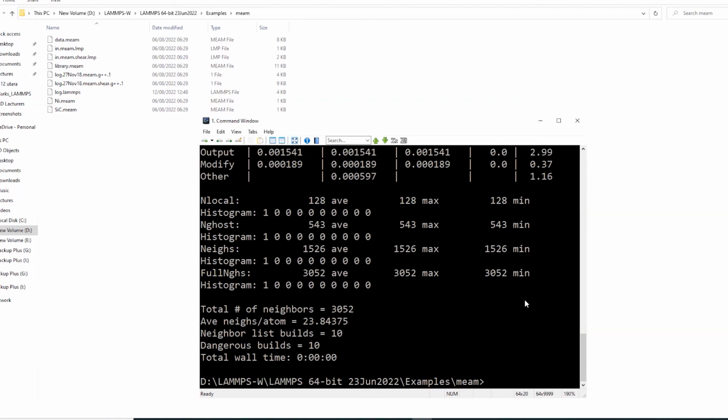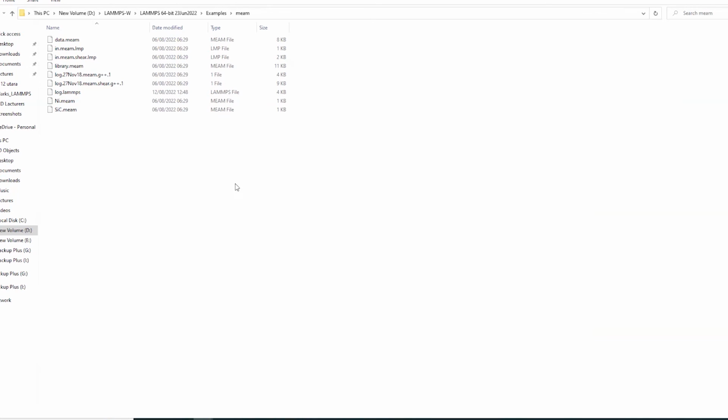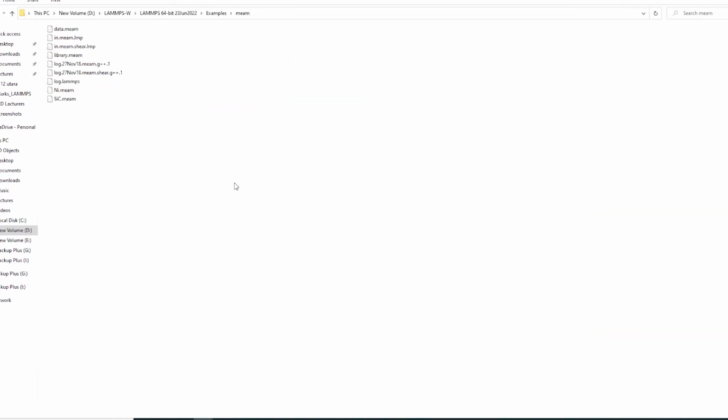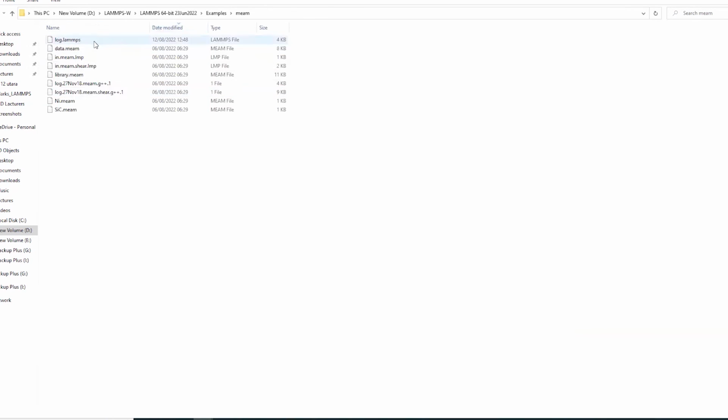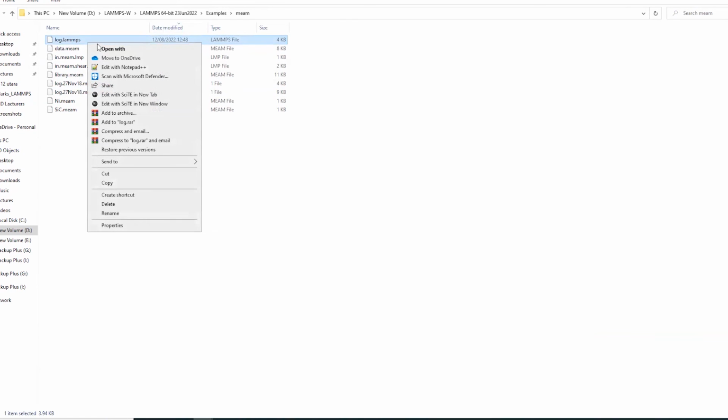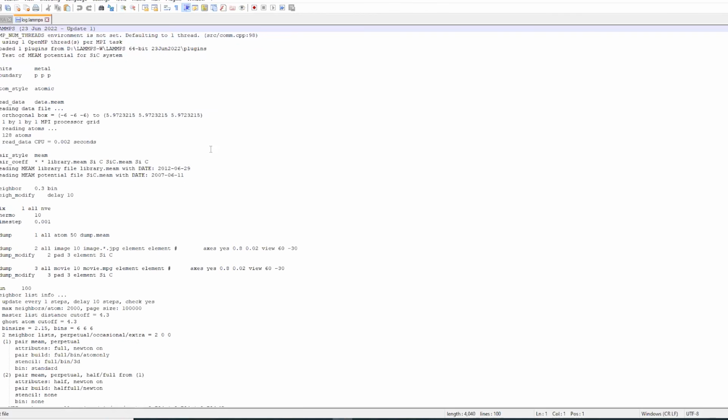Yeah. So once the run is completed, you can check the output file also. I'll show you. So this is the folder, and log.lammps is the output file. Latest is 12:48 p.m. You can open that file.